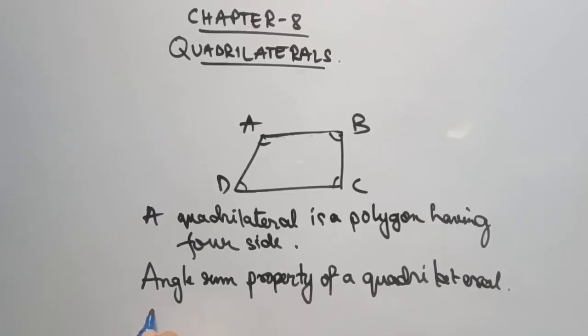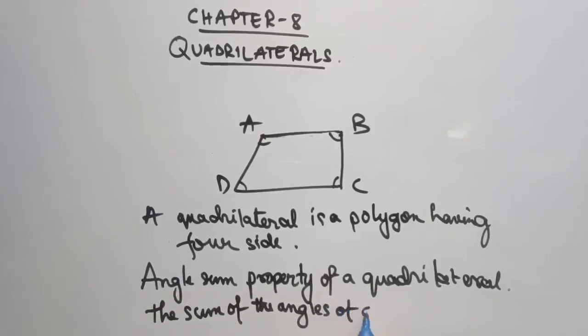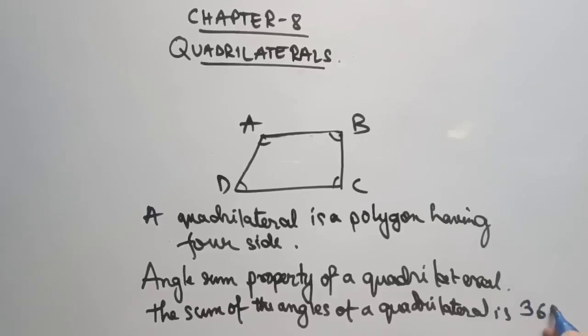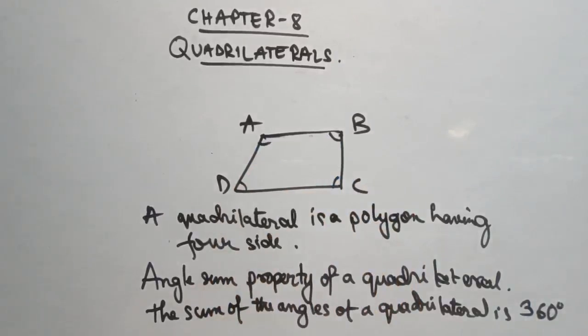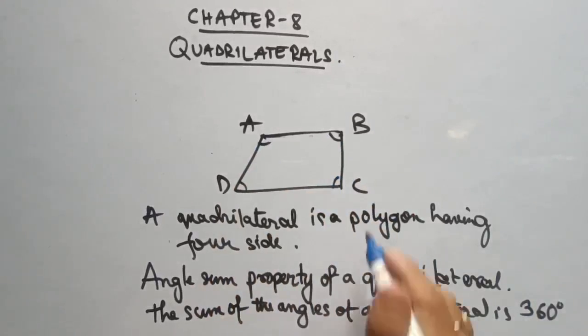It says the sum of the angles of a quadrilateral is 360 degree. That is, the sum of the 4 angles of a quadrilateral is 360 degree.